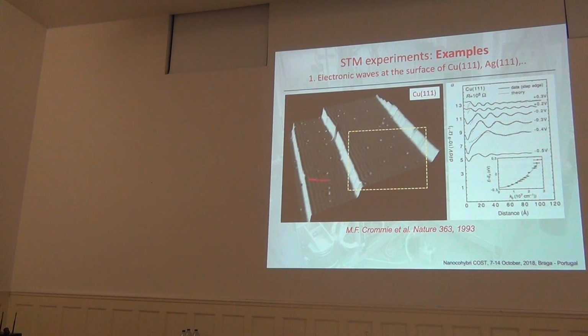So what you see here is atomic steps on copper 111 material, and so these are flat, atomically flat steps, and if you look here, there are very strange things. There are some waves and some round stuff around voids.